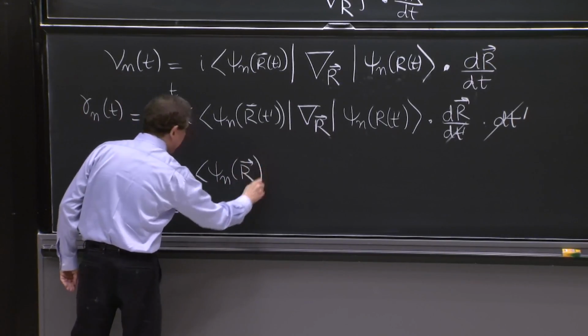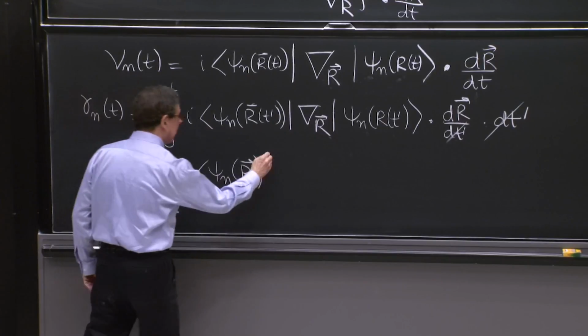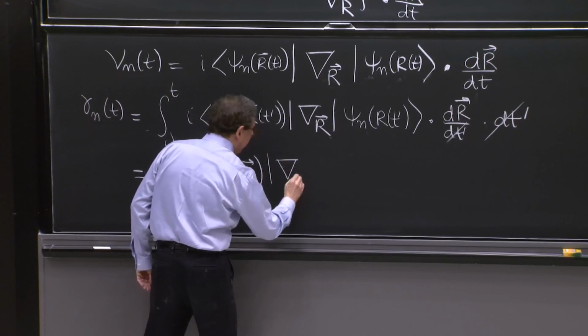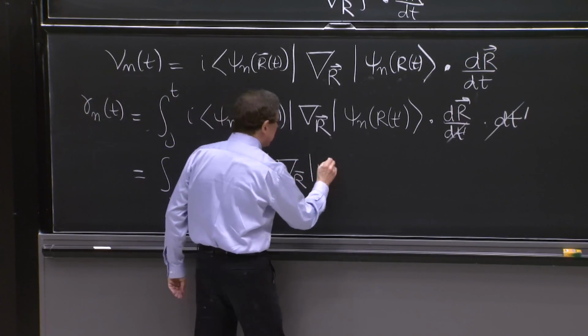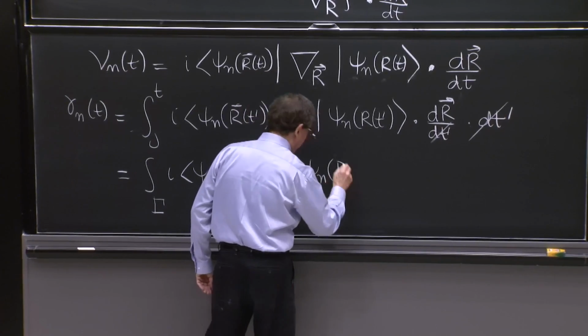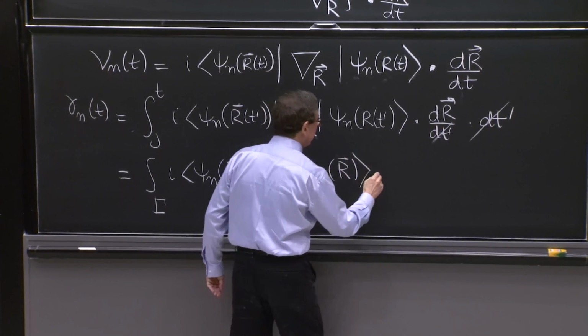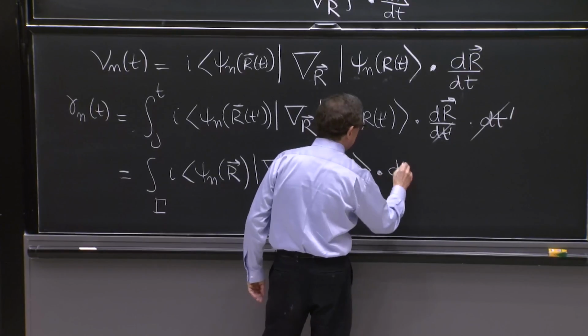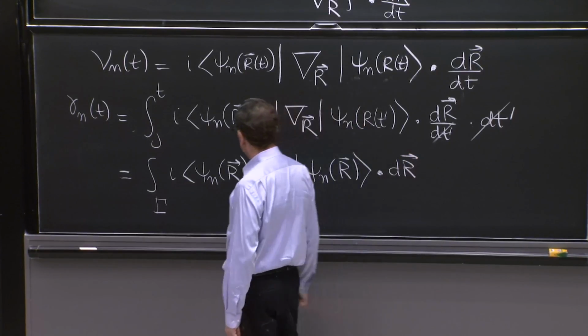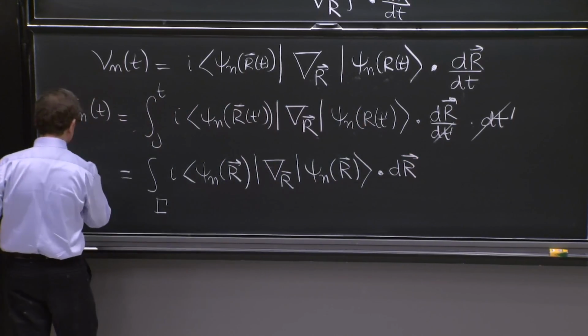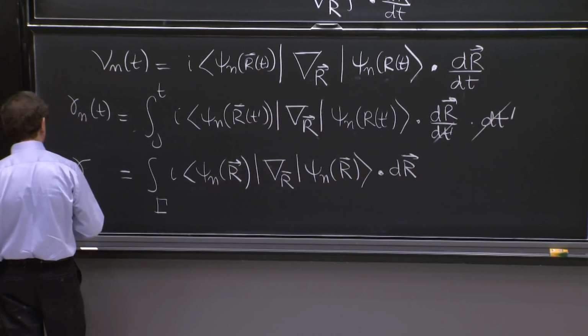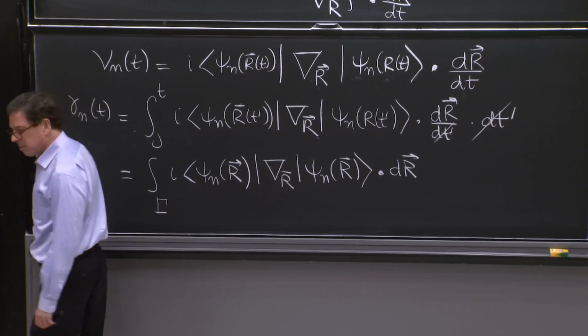I don't have to write the t anymore. dr psi n of r, again, no t, dot dr. And this is the geometric phase, gamma n.